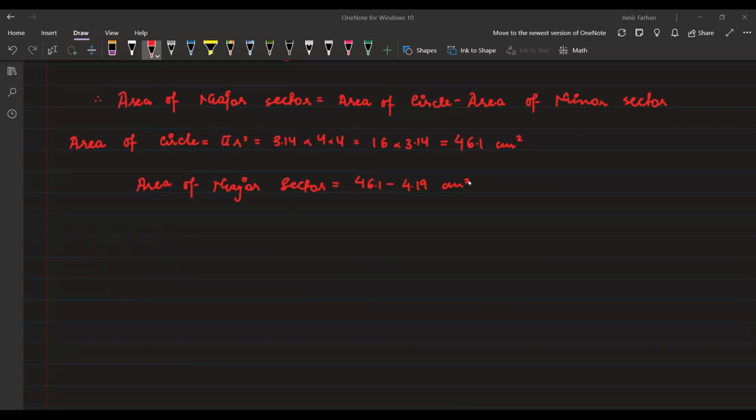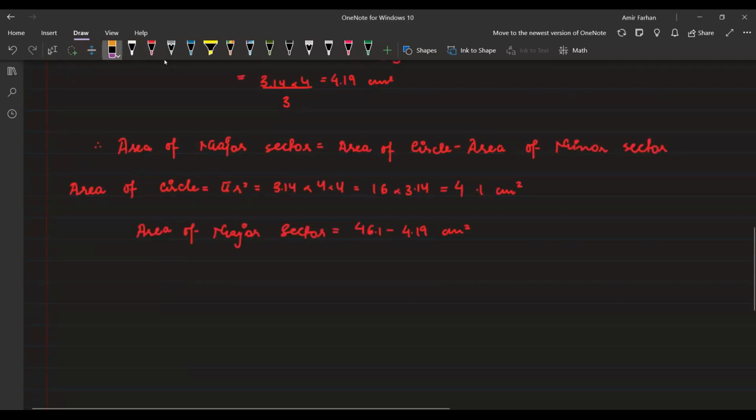Just a second. 3.14 into 16. That is 50.24. And it would be coming out to be 46.1 centimeter square. This is the answer. Please do let me know, Gianna, if it's clear to you. Yes, sir, it's clear.